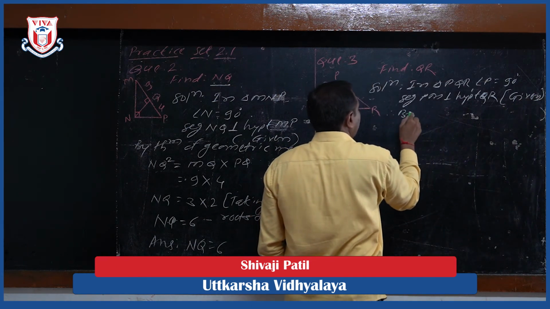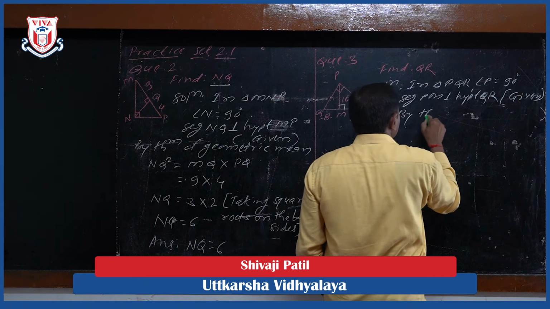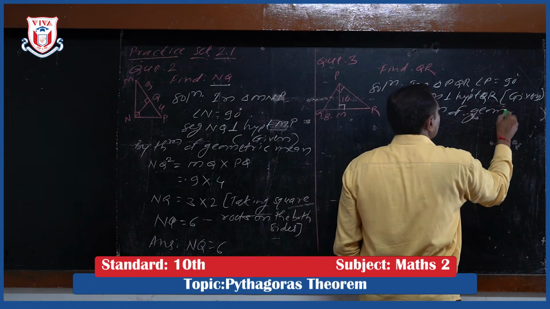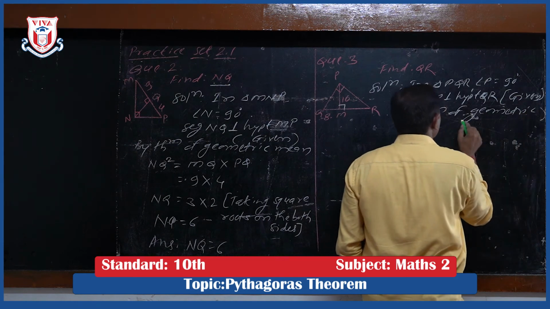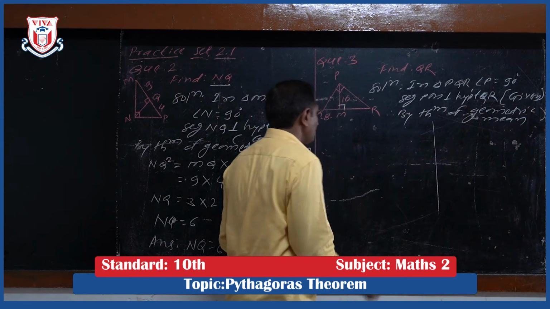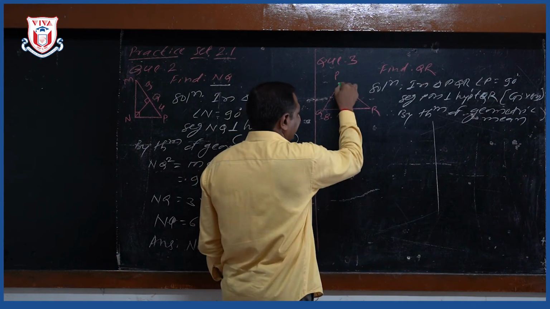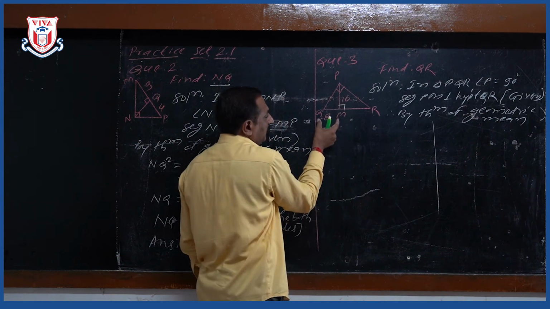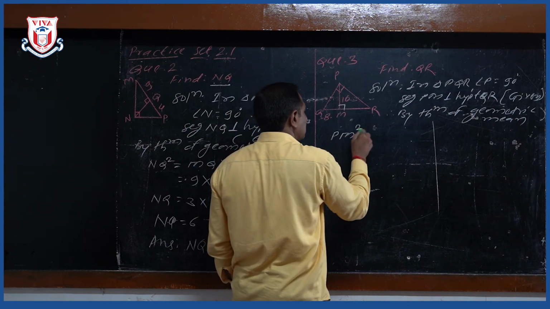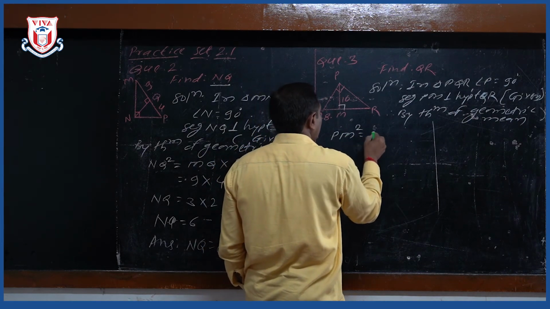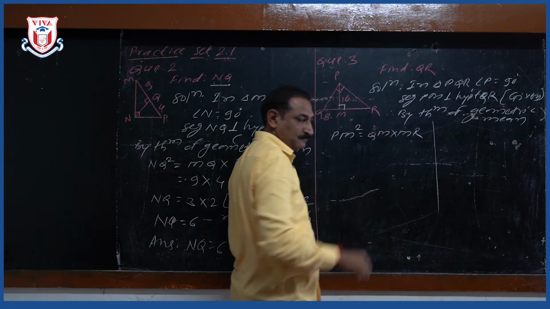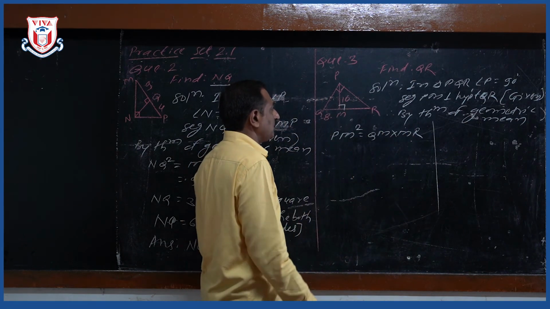Therefore by theorem of geometric mean, this PM is the geometric mean of QM and MR. PM square is equal to QM into MR. Now substitute the values.